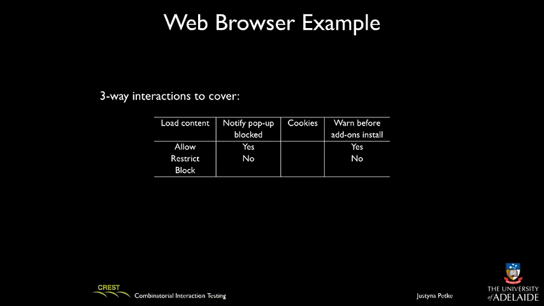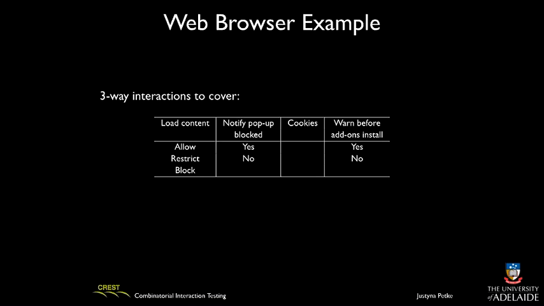We can do the same, because right now, I should have said that, we are not after 2-way interactions, but 3-way interactions. We've seen briefly that in empirical studies, 3-way interactions can detect more bugs than 2-way interactions. So that's why in this particular case we are after 3-way interactions. So first we had the first 3 parameters.